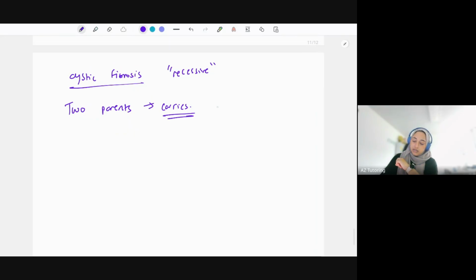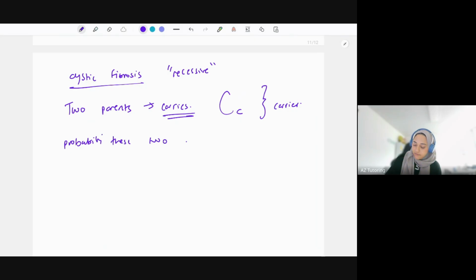So in this case, I'll just call it capital C, lowercase c. This is a carrier. Because they've got 1 lowercase letter, they're carrying the gene, but the parents do not have cystic fibrosis because they need 2 lowercase letters. So let's say they said work out the probability that these 2 parents will have a child with cystic fibrosis. I'll just write CF.